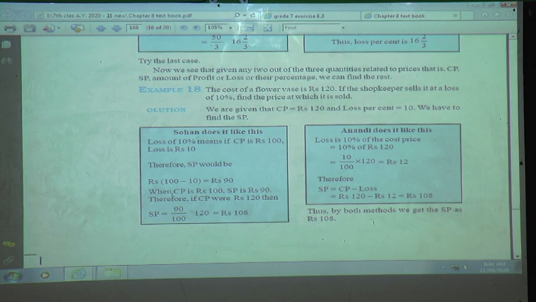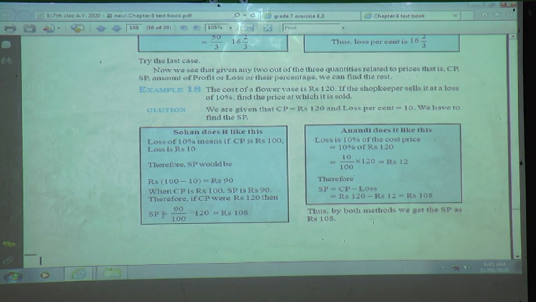So when CP is rupees 100, SP is rupees 90. Now we come to our statement where CP is given as 120 rupees.